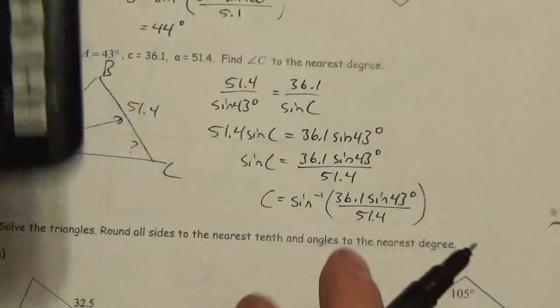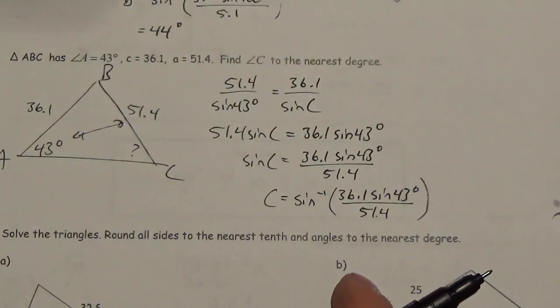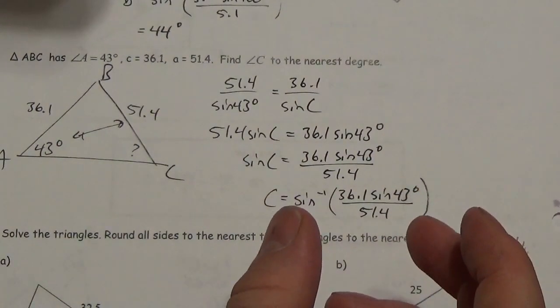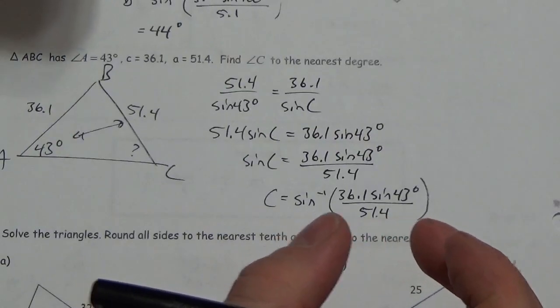But if you do this in chunks, people frequently round. And when they round, they create a little bit of an error. And after a couple of steps, that little error can get bigger and bigger.